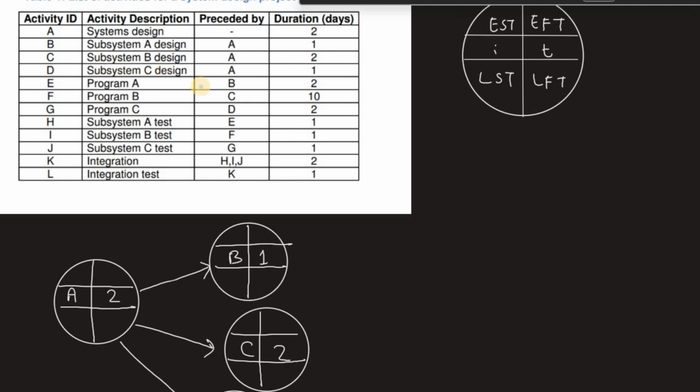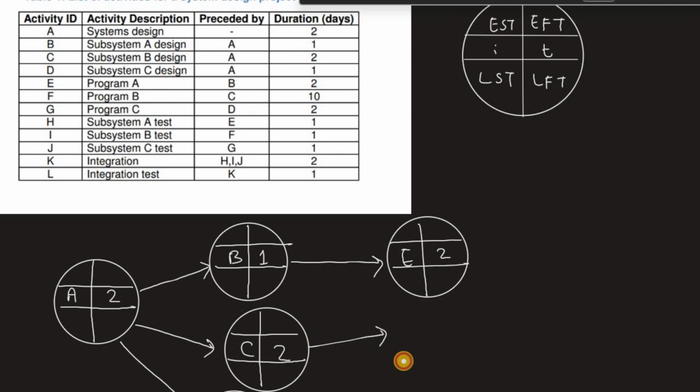Next we have activity E, which depends on B, with a duration of 2. Then we have F, which is going to come after C, with a duration of 10.